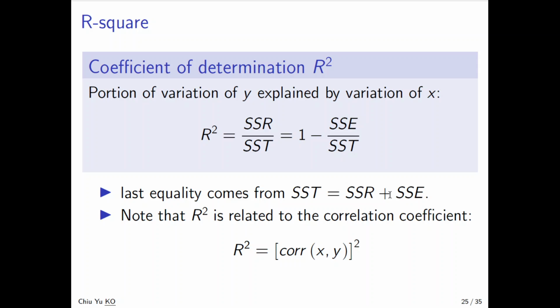And we can even show that R square is related to the correlation coefficient of x and y, squared. That's why we pick R square, because in simple linear regression they are related in this way. This small r square is equal to this big R square. Thank you.